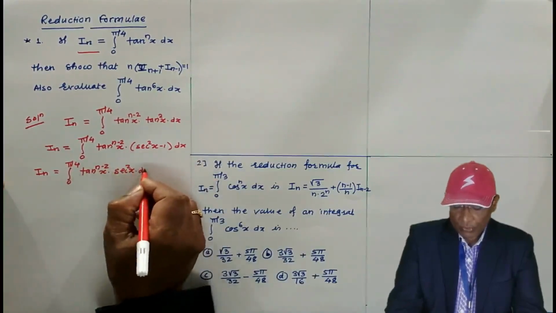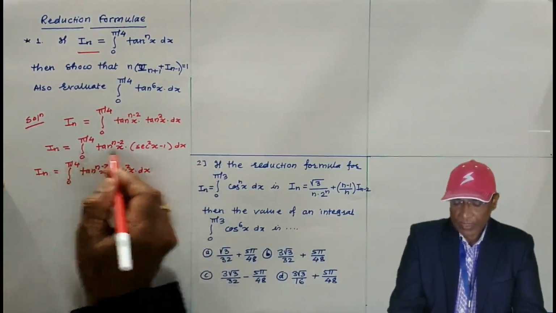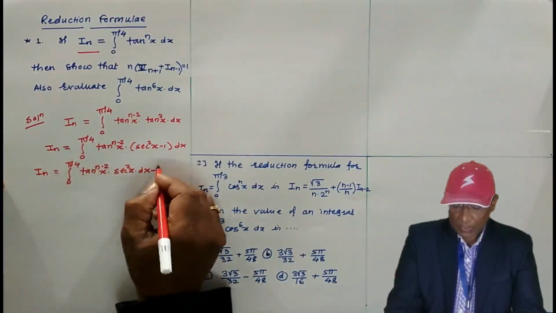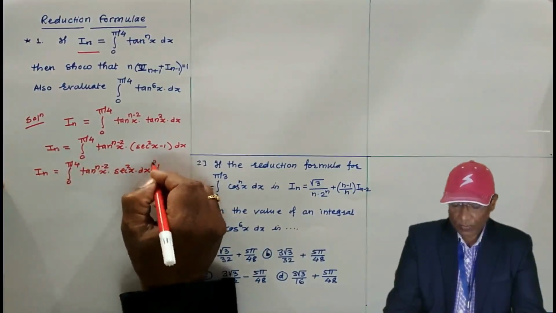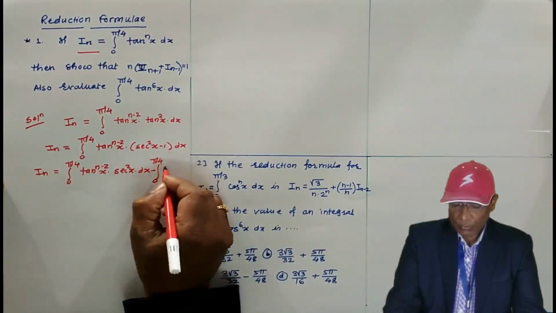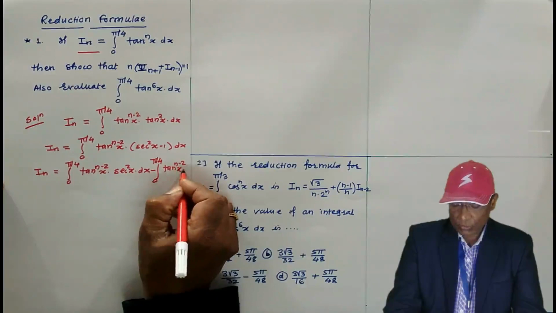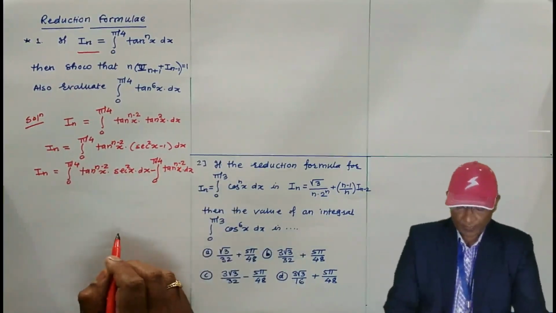I am going to distribute, multiply this term by 1, plus minus is minus, integral 0 to pi by 4. I am also distributing the integral sign and dx also. In this way I have separated.